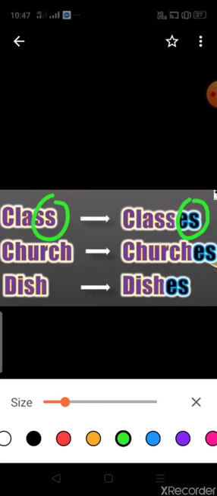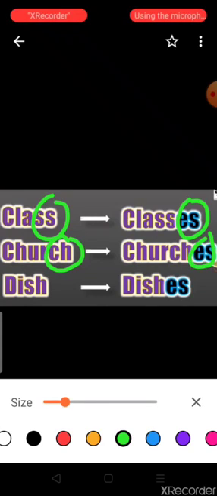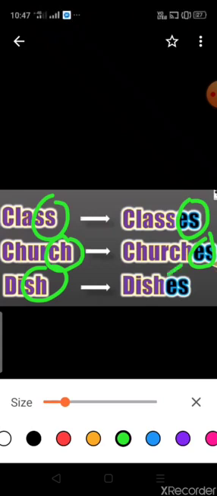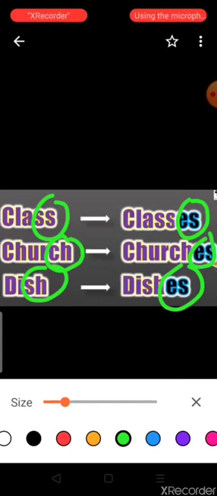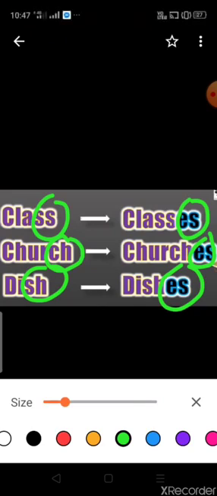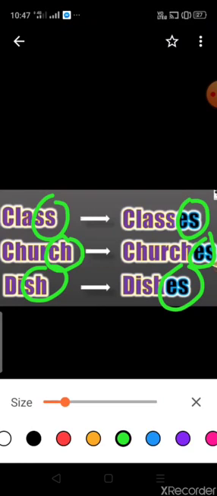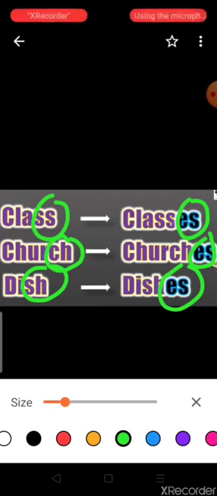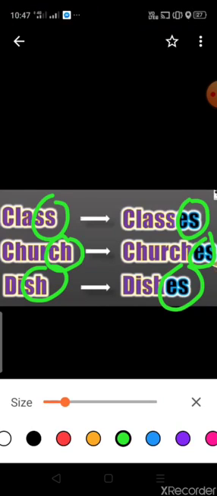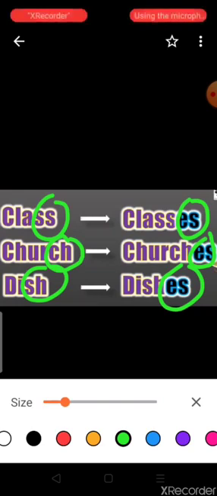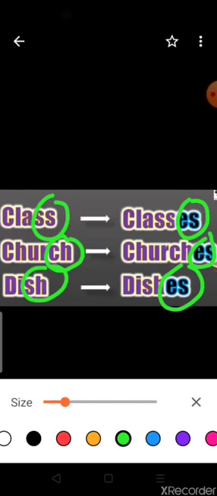Class, classes; church, churches; dish, dishes. So these are the singular and plural forms. We have to keep in mind that whenever the noun ends with SS, CH, SH and X, we will use ES.